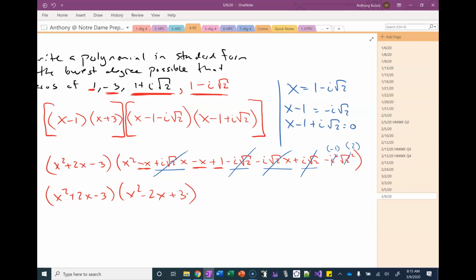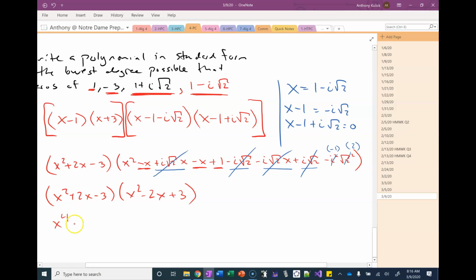Everybody okay to there? And boy, that looks a heck of a lot better now, right? That's what should happen every time you multiply two of those complex conjugate parts together. You're going to get a polynomial with just integer coefficients. Getting to that polynomial is kind of yucky, but the result will be much more convenient to work with. And then we just need to multiply these out.